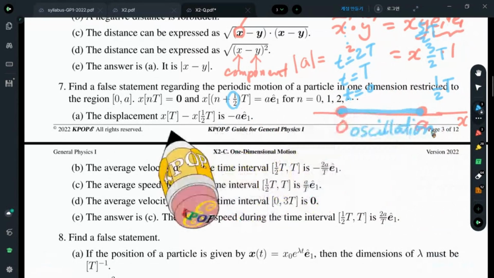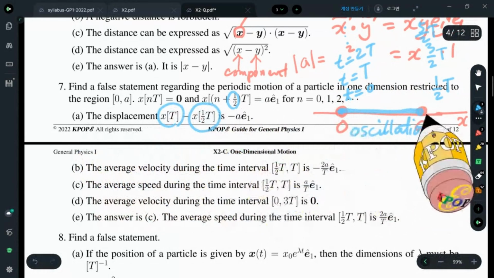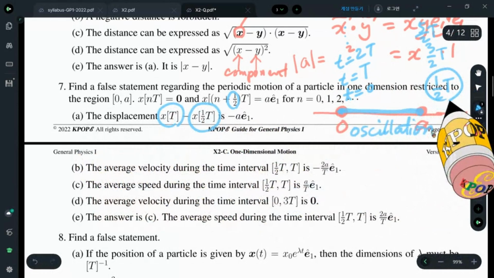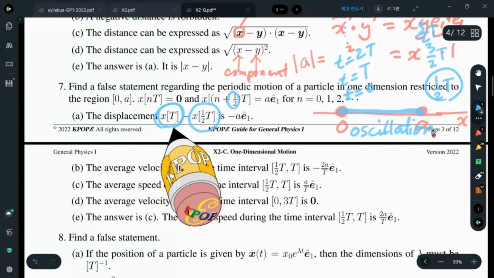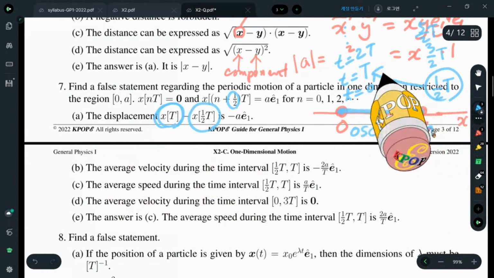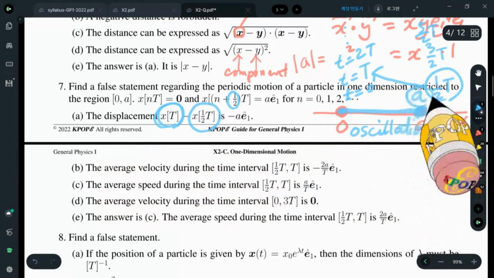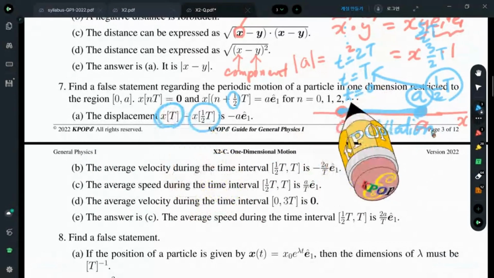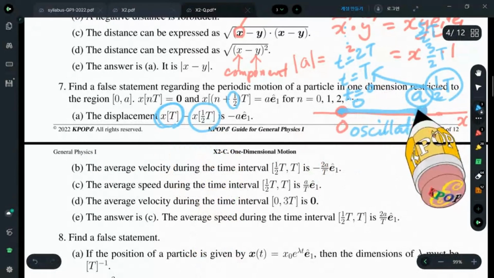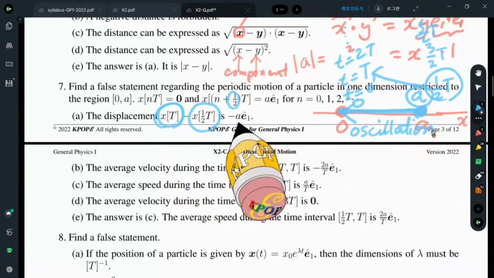Coming back and forth. The displacement from 1/2 T until T, so from here to there. At 1/2 T, it used to be A, and at T, it becomes just 0. So this is the displacement I want to compute.